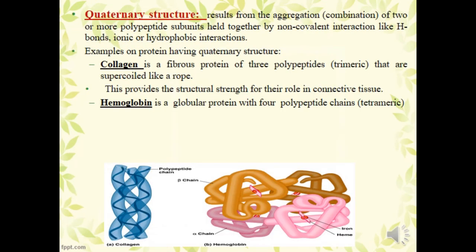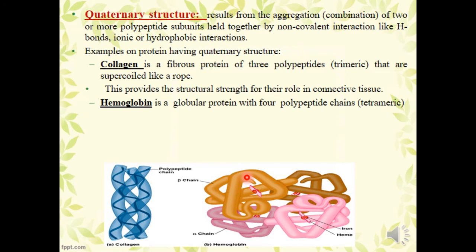The last structure of protein is quaternary. This is representing one unit of tertiary. When you have more than one unit of tertiary close with one another like this, it will form quaternary structure. The stabilizing force would include all those listed in the previous slides.